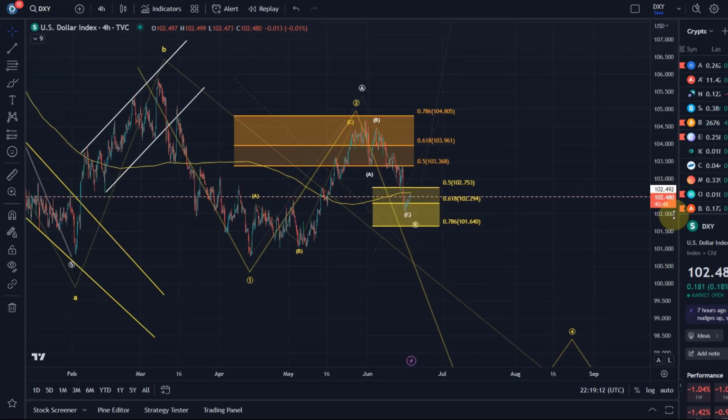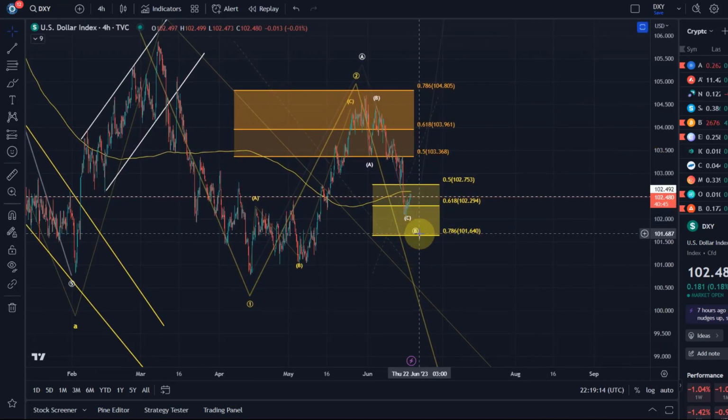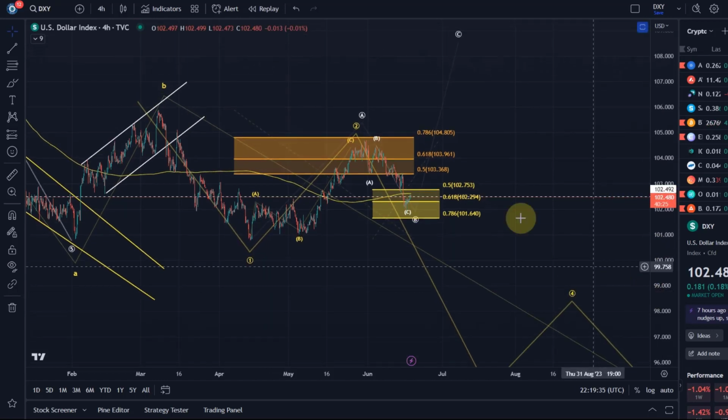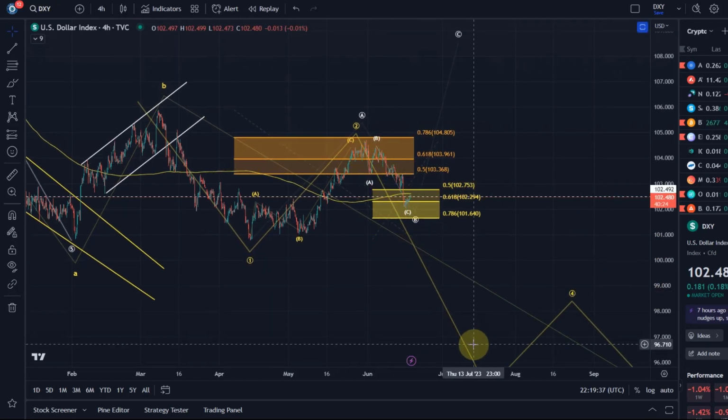I need to see price break first below $101.64, because this is the relevant bullish support level. If that breaks, probabilities will shift strongly towards the yellow wave count and that we're selling off. And that would be confirmed if price breaks below this significant swing low at $100.80, the swing low of the 14th of April. Then we should head down lower and get to $90.